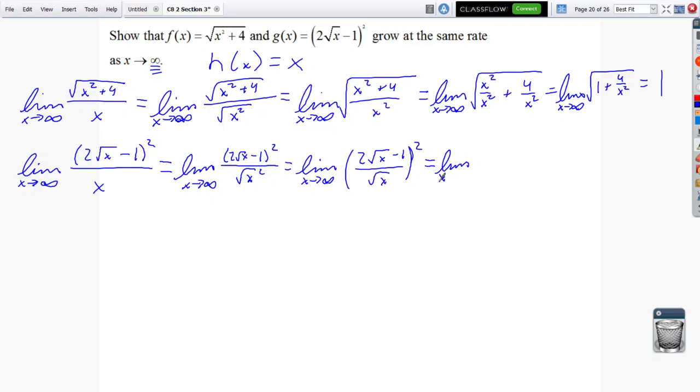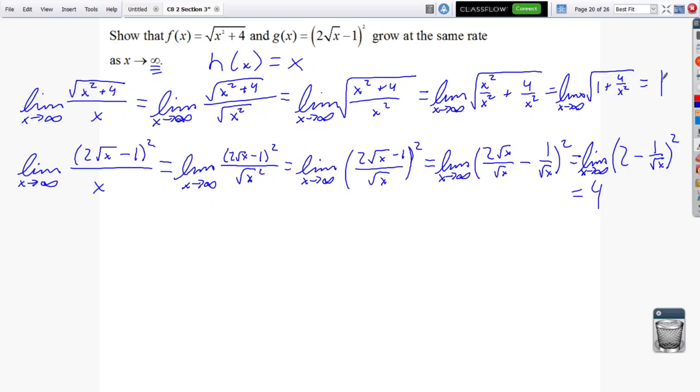I have the limit as x approaches infinity of 2 root x over root x minus 1 over root x, squared, which is going to be the limit as x approaches infinity of 2 root x divided by root x is 2, minus 1 over root x, squared. Plugging in infinity, this becomes 0. 2 minus 0 is 2 squared, gives me 4. Therefore, g grows at the same rate as h.